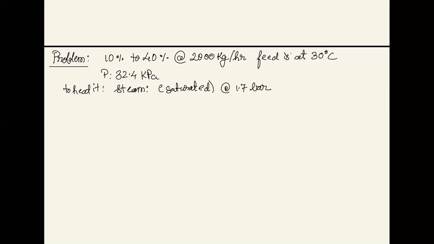Okay, I want you to calculate the number of tubes required. I know that the length of the tube is 1.5 meters, some standard length, and I am going to use 0.0254 meter inner diameter of the tubes.